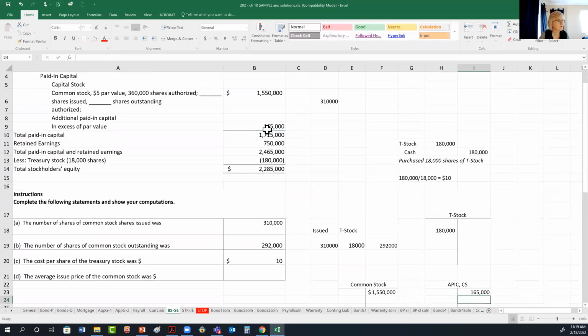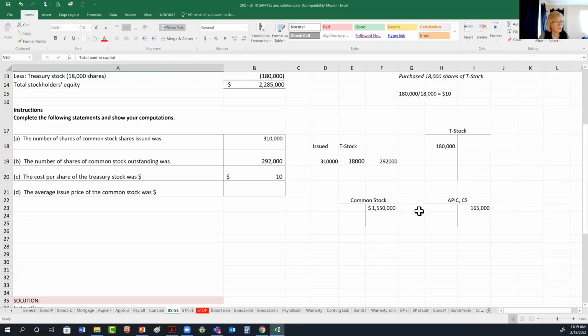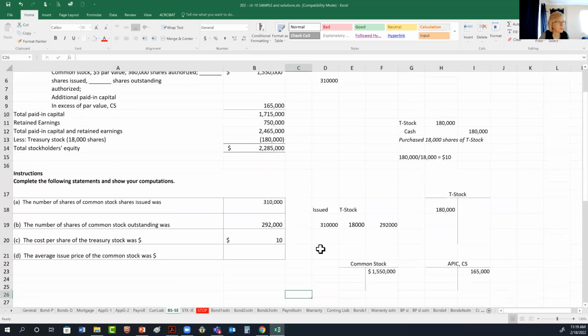Now you could have also taken the 1715, but you have to be mindful that that would also include preferred stock if there were any. So you really want to make sure you're only using the common stock accounts and the additional paid in capital for common stock. So you take those two together, add them together, and you get the 1715.